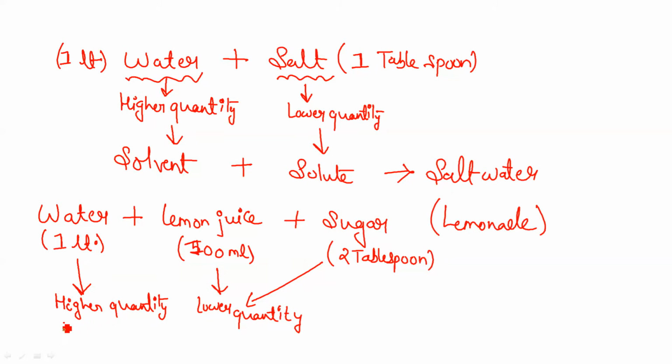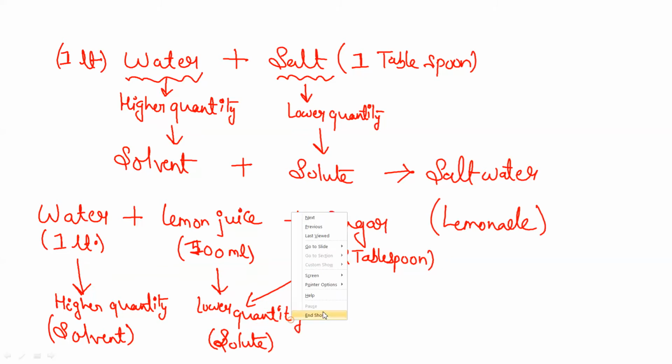Hence the solvent is water and the solutes are lemon juice and sugar. This is the definition, with an example, for solvent and solute. Okay, let's move further.